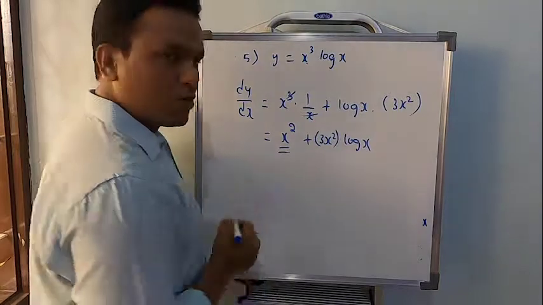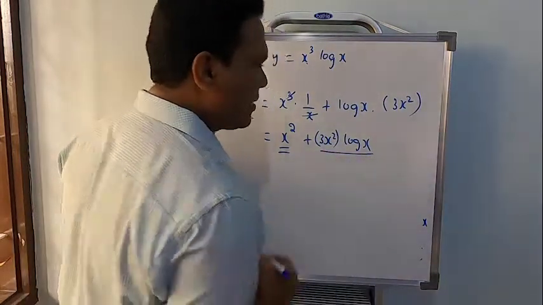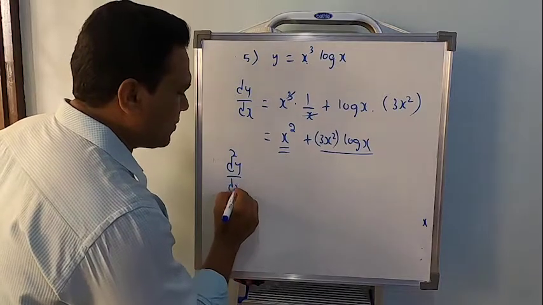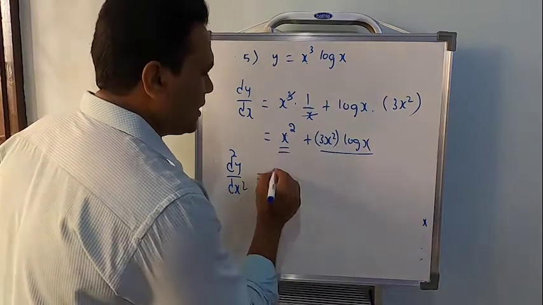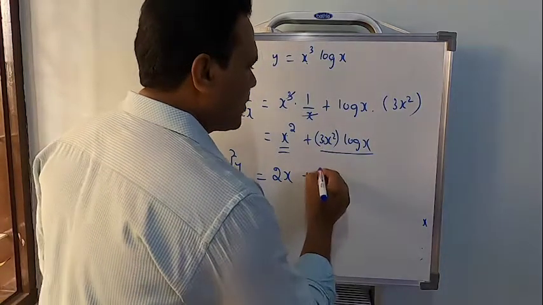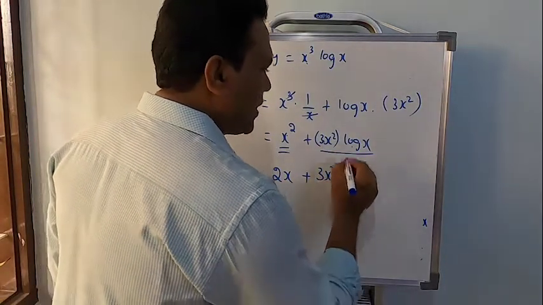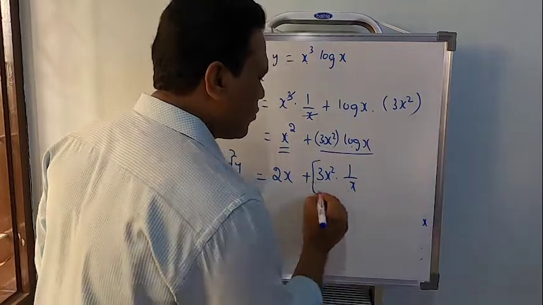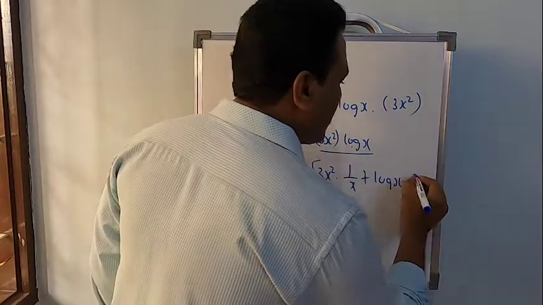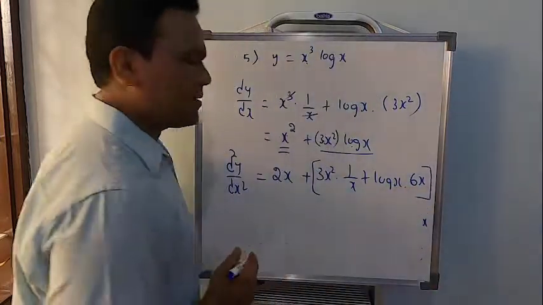So here it's a single term, so direct differentiation, but here it's a product rule. So second order derivative d square y by dx square equals differentiation of x square, which is 2x, plus, now apply product rule here, 3x square multiplied by derivative of log x, 1 by x, plus log x multiplied by derivative of 3x square, which is 6x.